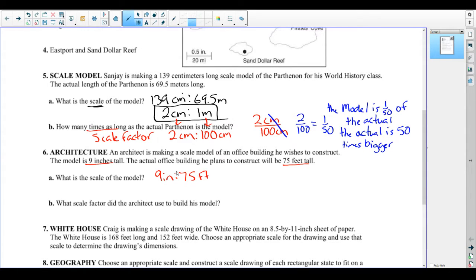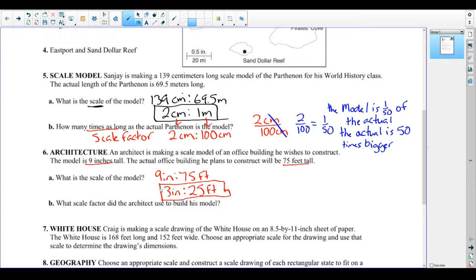And that's all we're looking for. Then we can simplify this. 9 and 75, we can divide both by 3. So this becomes 3 inches to 25 feet. If you really wanted to, you could divide by 3 again and say 1 inch is 8 1/3 feet. But whatever, it's good enough.